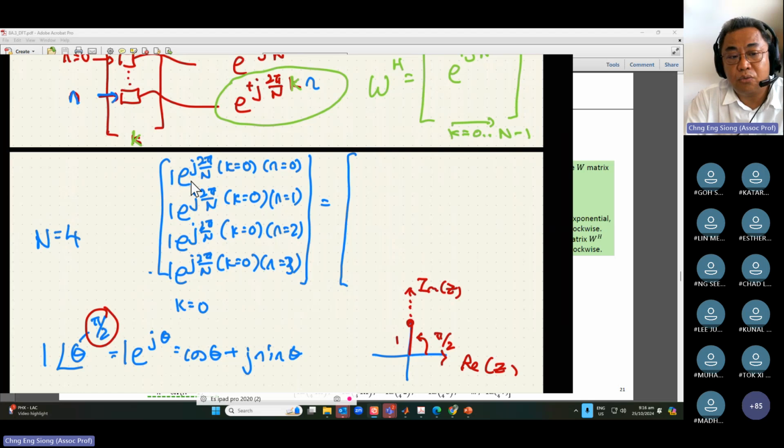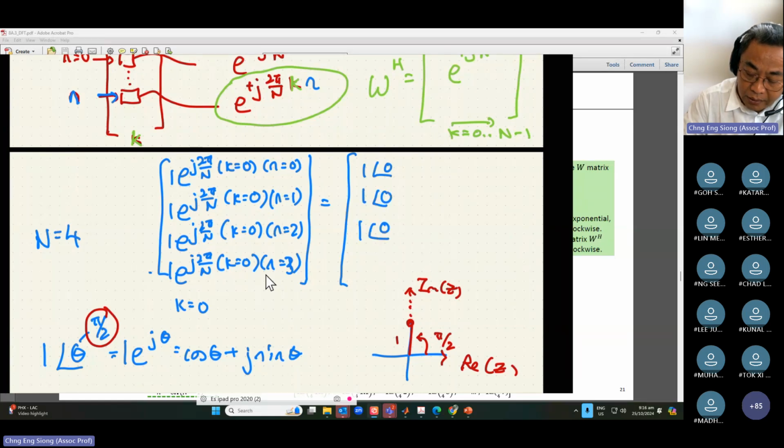Okay, let's draw these. This is trivial because k equals 0, so whatever n is, the exponent will be 0. So this is 1 angle 0, 1 angle 0, 1 angle 0, 1 angle 0. And what is 1 angle 0?